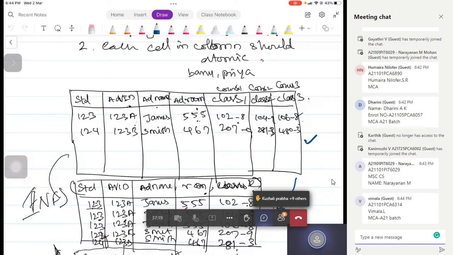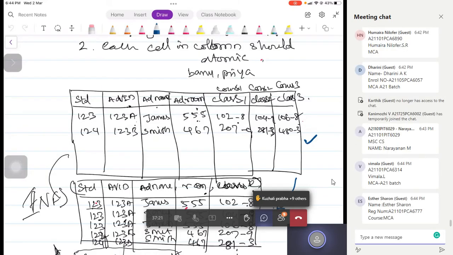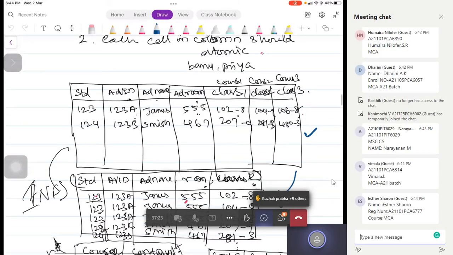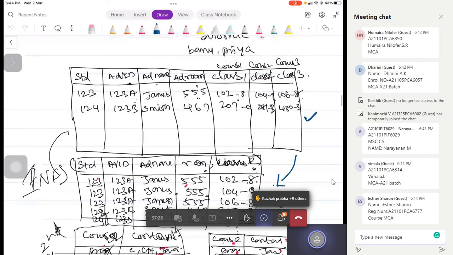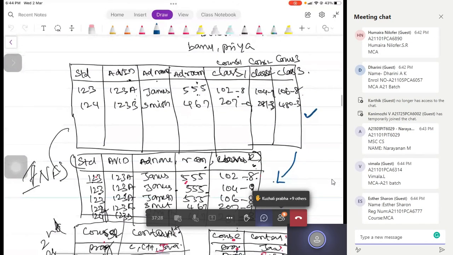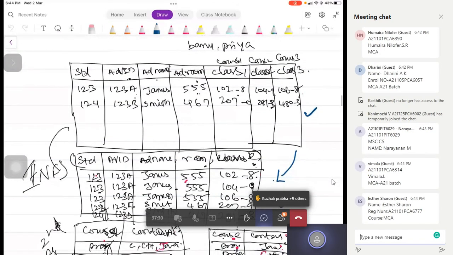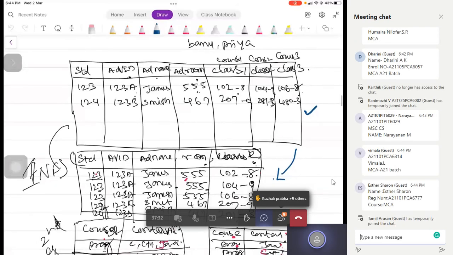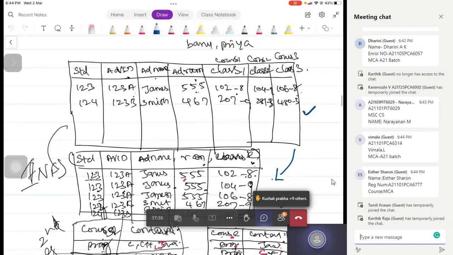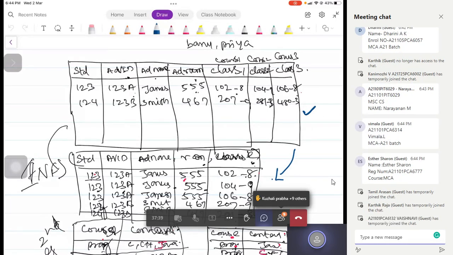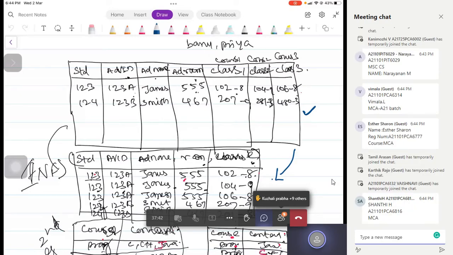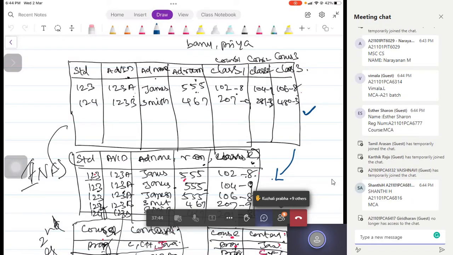According to the student, it should be either one or two, but he may sit in more than one class. Yes, a single person may take more than one subject or more than one class, isn't it? Because it is the CBCS pattern, the same student can sit in one class and another class for another subject. But it should be unique.